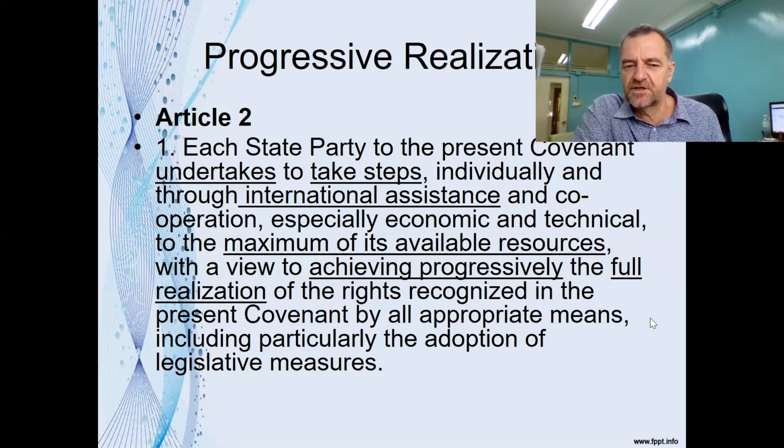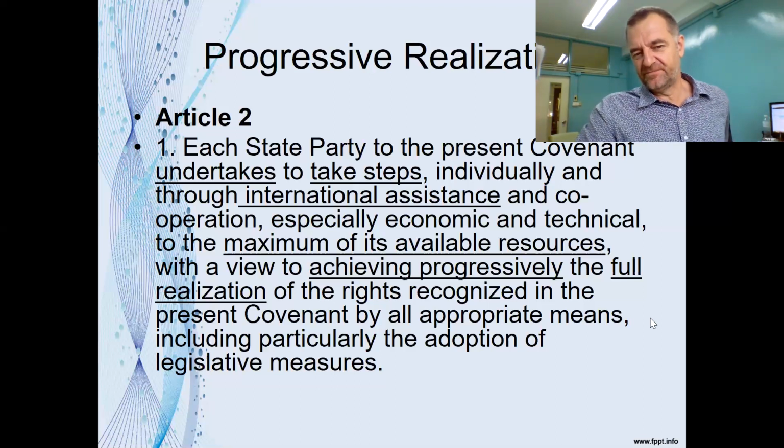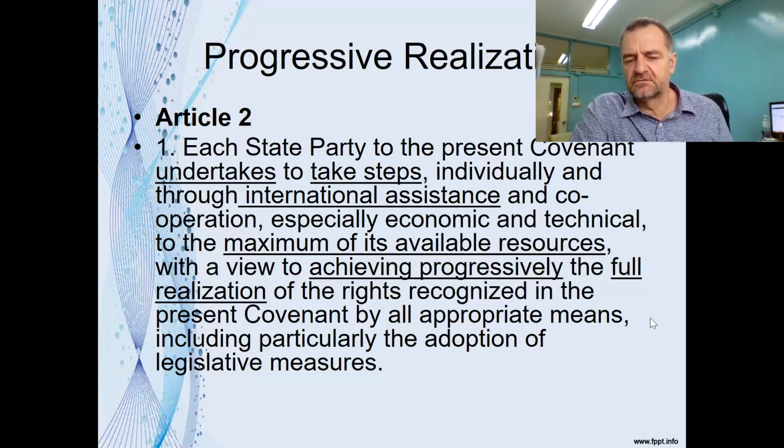Of course, that's going to be open to a lot of debate, and this is why it's one of the areas where there is a lot of debate about this element of progressive realization. And next, you've got that the right has to be achieved progressively. That means the state should be working step by step towards ensuring that people have health, education, food, and so on. And what this means is it shouldn't be going backwards.